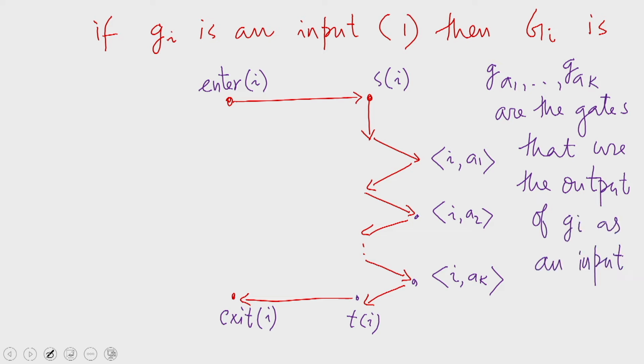In this case Gi is an input itself, therefore, these are the gates that will use Gi as an input. So, this is how graph Gi will look like if small gi is an input. In particular, G1 is an input, and therefore, subgraph G1 will look exactly like this with i replaced by 1.